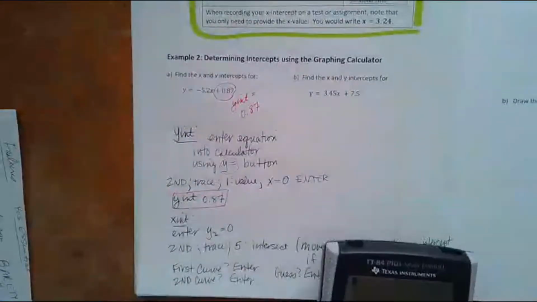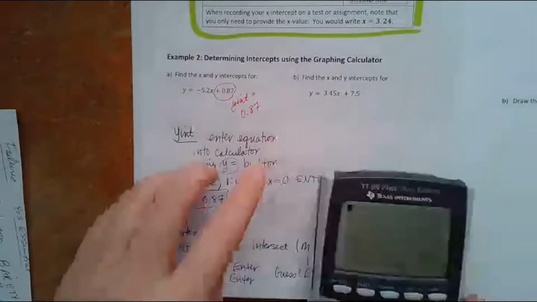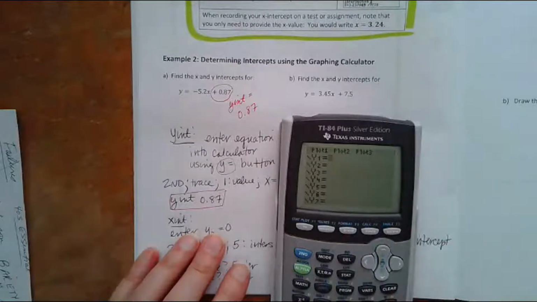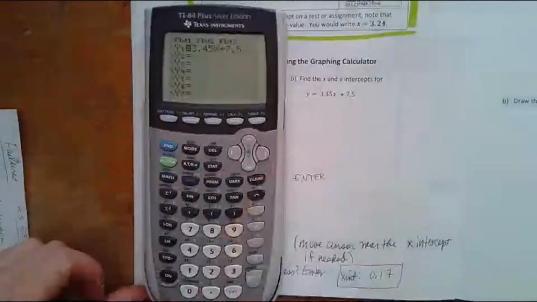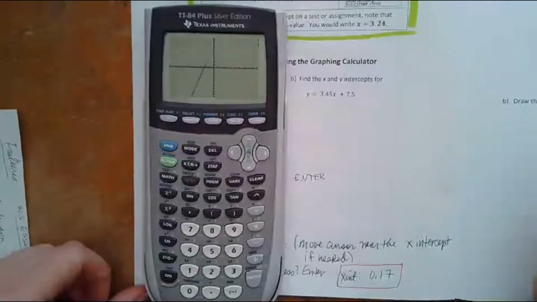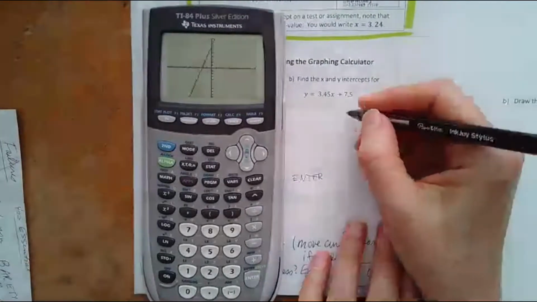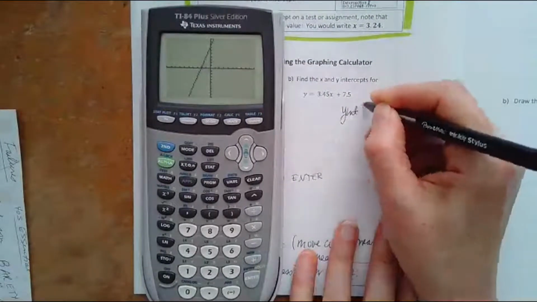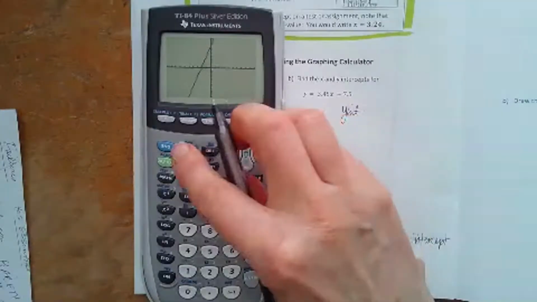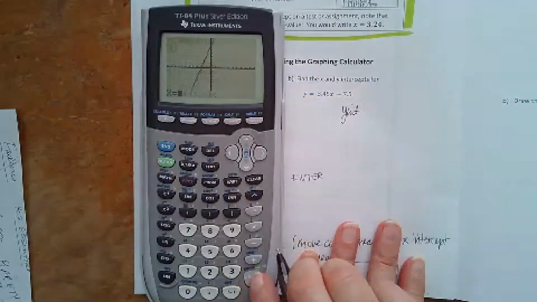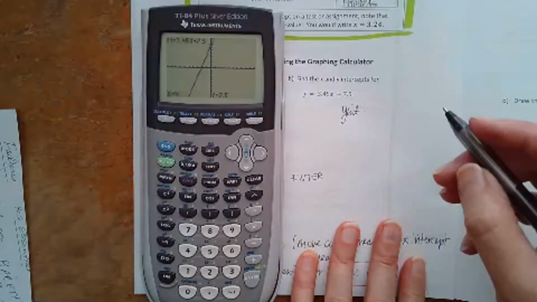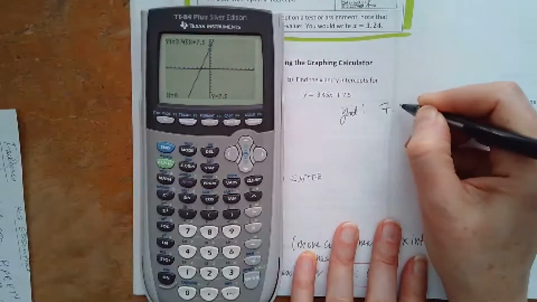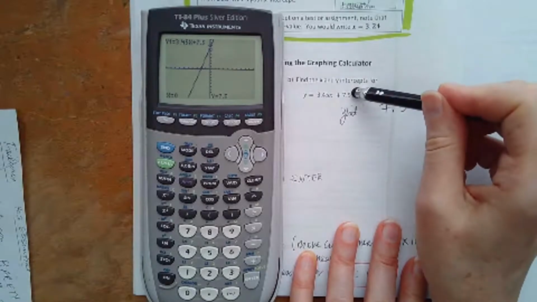So I'm going to enter in my y equals statement, 3.45x plus 7.5. And I should get an increasing line. Sure enough, I'm going to find the y-intercept. Second calc value, x equals 0. Press enter. Y-intercept is 7.5, and that matches the equation.